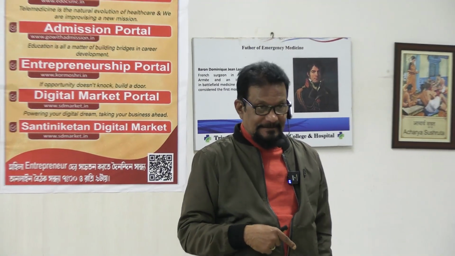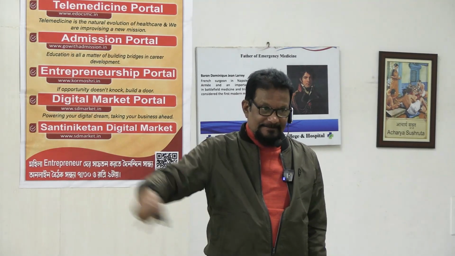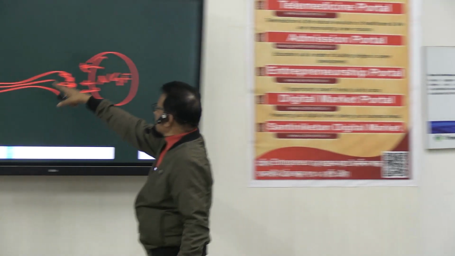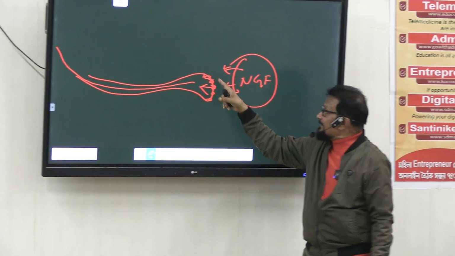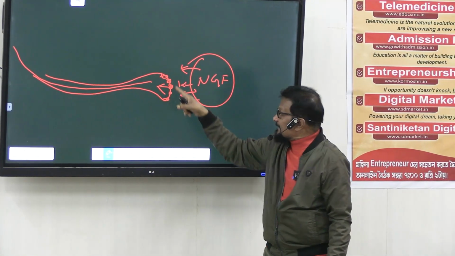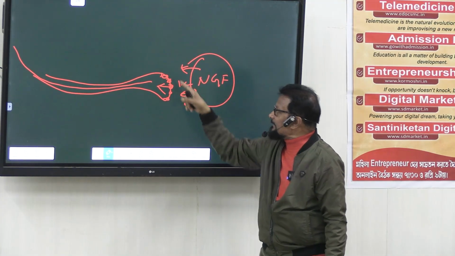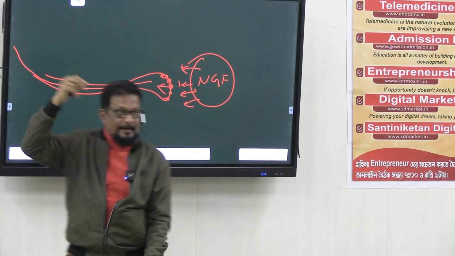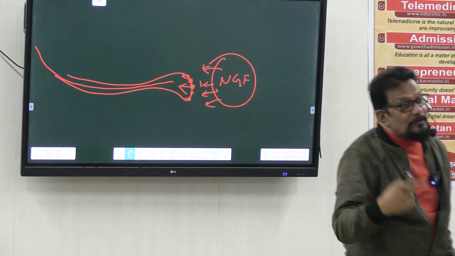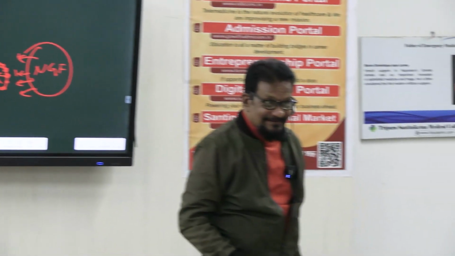Mainly they are classified into adrenergic and cholinergic. If acetylcholine is liberated from the nerve endings, this nerve will be regarded as a cholinergic nerve. These are actually parasympathetic nerves.